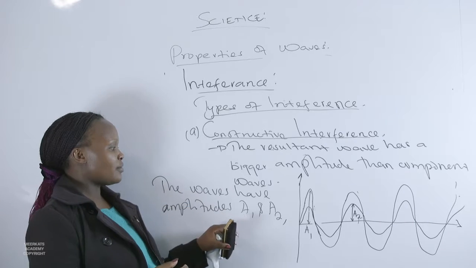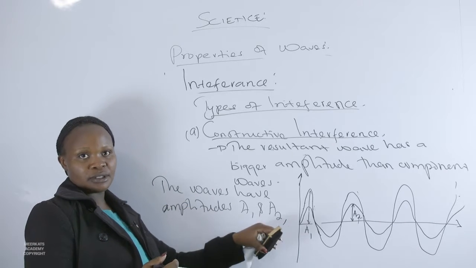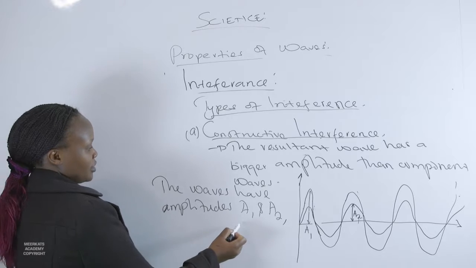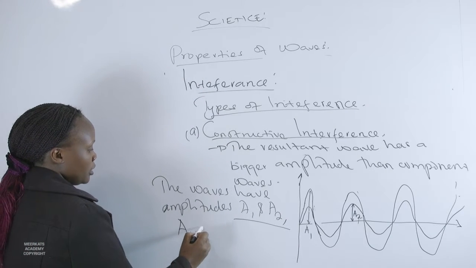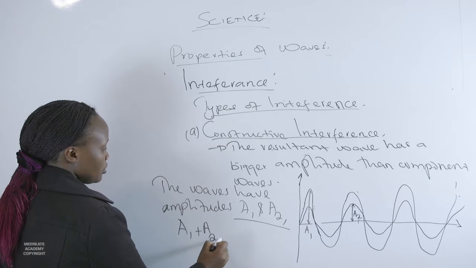Now, our waves have different amplitudes, and the vector sum will be A1 plus A2.